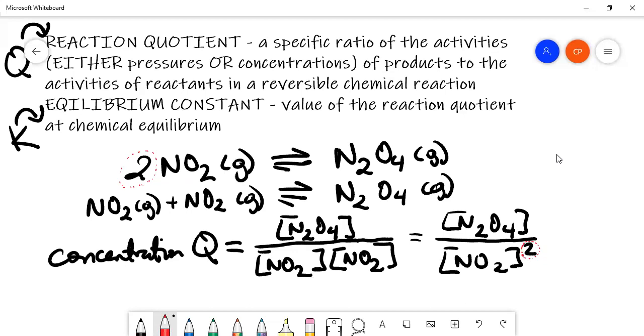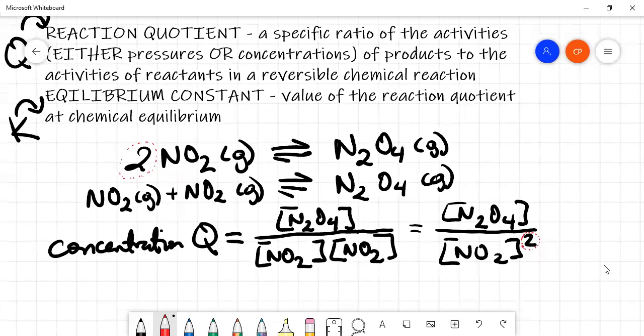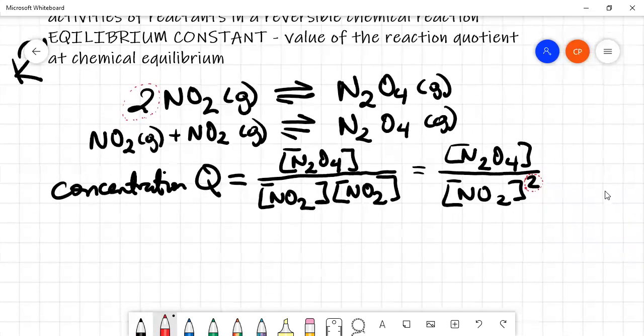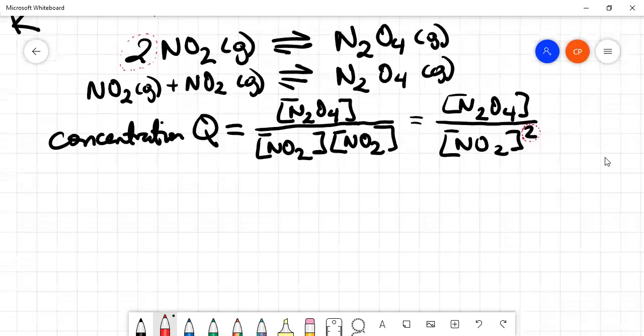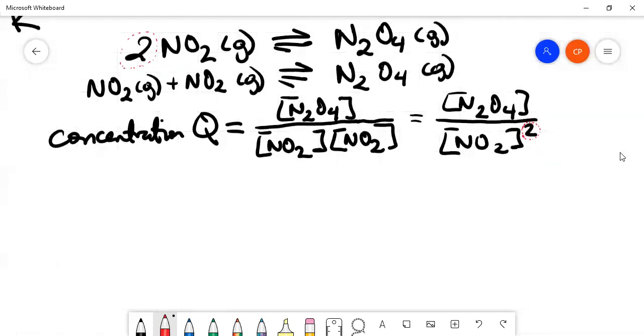Okay? And this is a pattern in how we write these expressions for these reaction quotients that we're going to use ultimately to describe equilibrium.